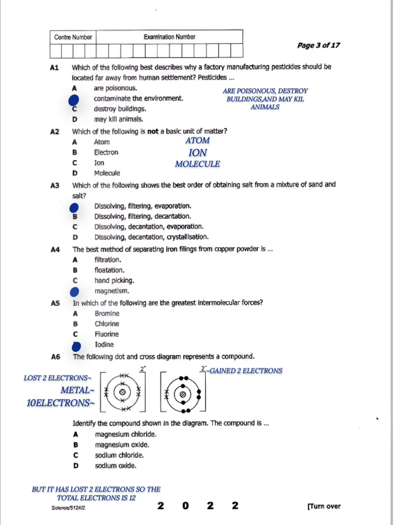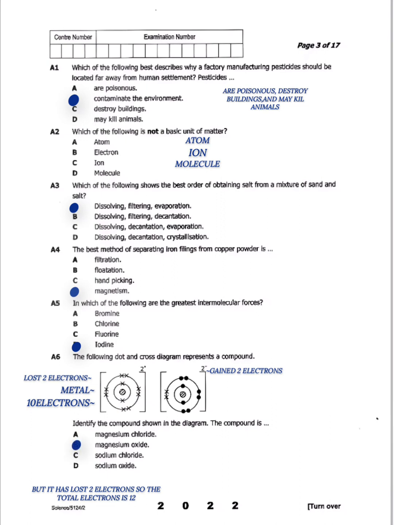Chlorine is found in group 7, and sodium is found in group 1, which means here we are supposed to have 1. Now this one here is having 2 positive. Okay, then the last one, sodium oxide. Of course, this one here is oxide. Now as for this one, the first compound here is magnesium. So I'm going to say the answer here is B, which is magnesium oxide.